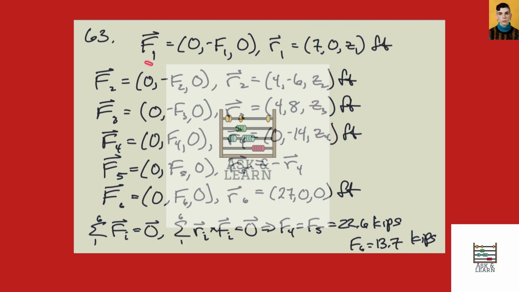So the first load is a distance 7 feet from the origin, and this is the weight of the fuselage.